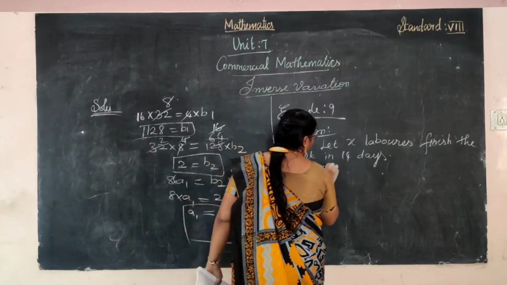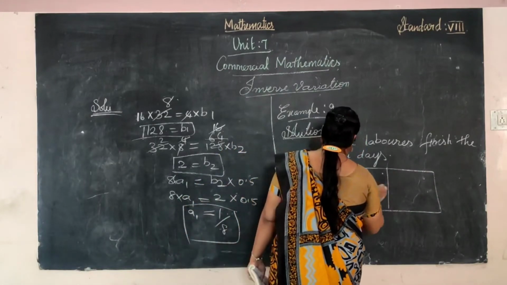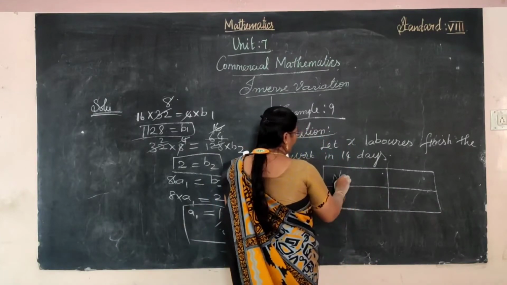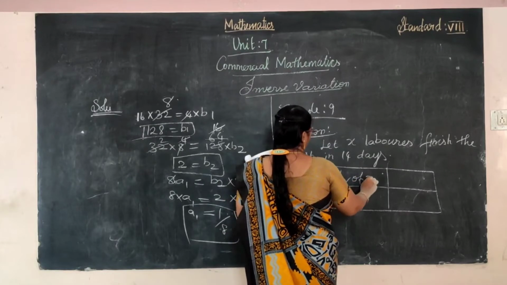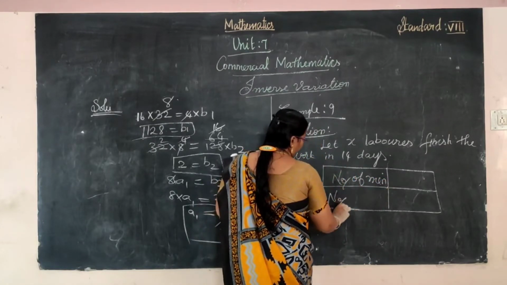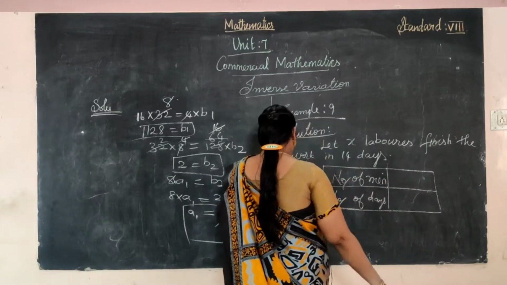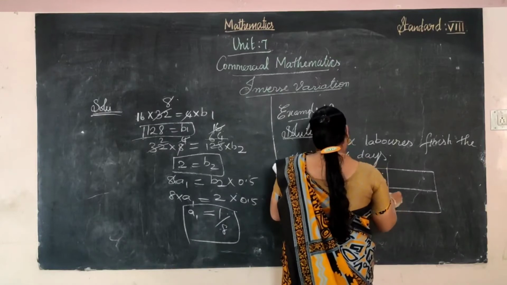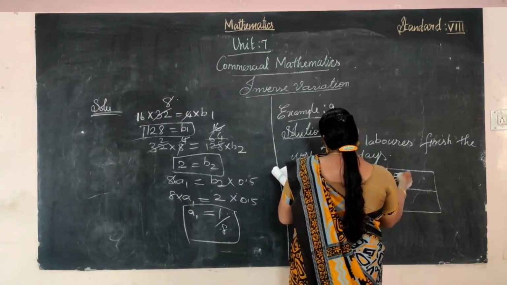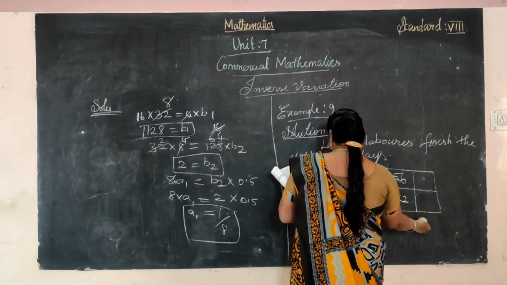Draw the table: number of men and number of days. 56 laborers can do the work in how many days? 42 days.